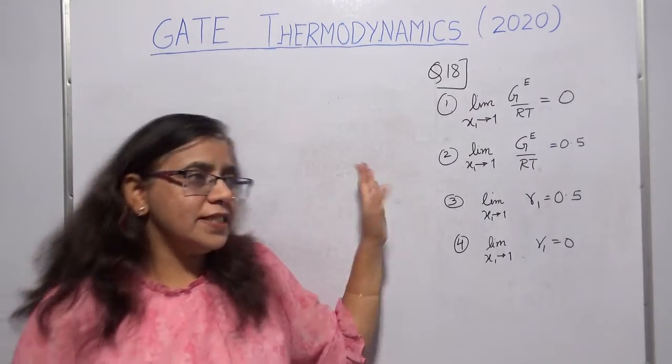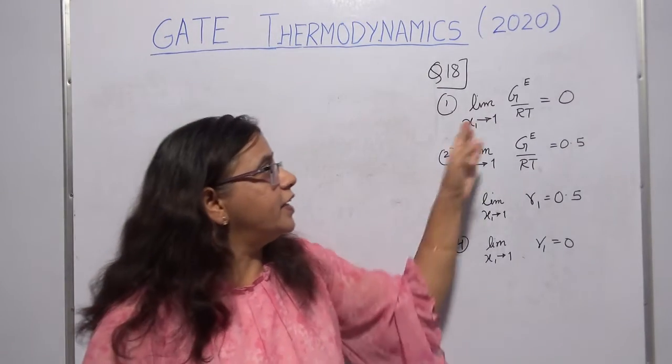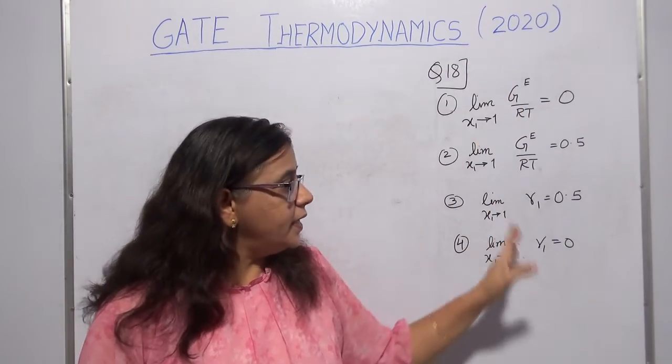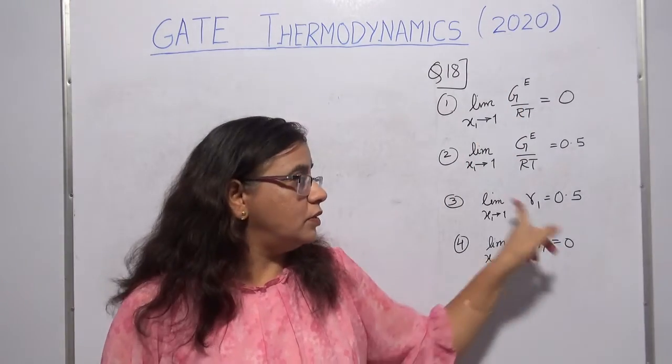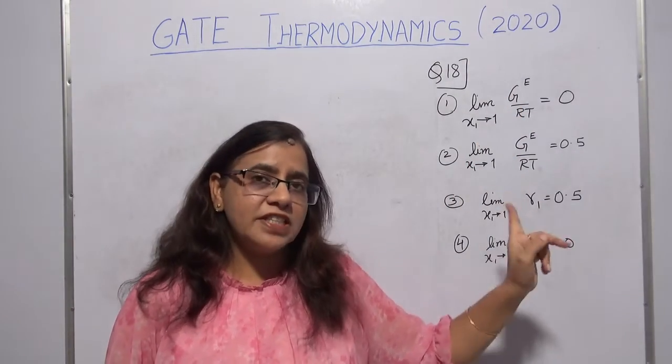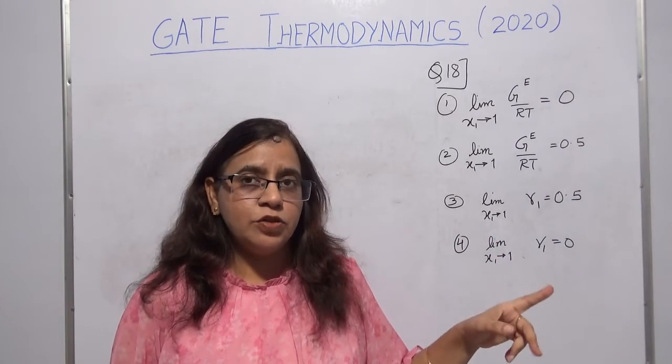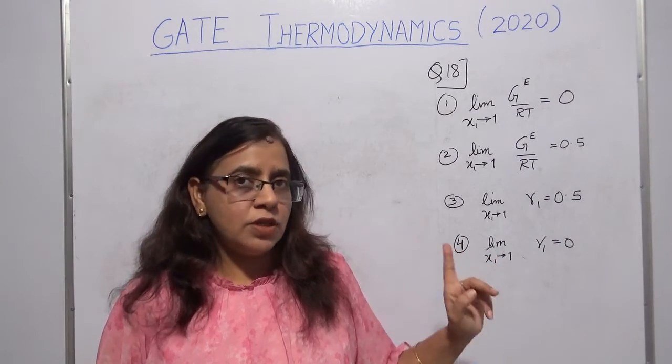Since in my previous videos we have already seen what is GE by RT, how it is related to your activity coefficient gamma, I will suggest you to go back and see videos of GATE 2022 thermodynamics.